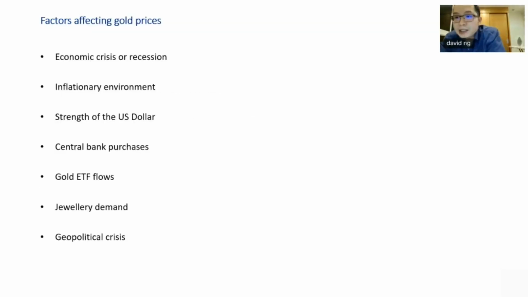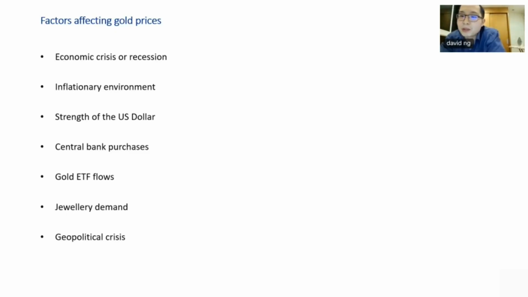So these are some of the list of factors that actually affect gold prices. Mainly, the key factor is always with regards to the role of gold as a safe haven. So in times of economic troubles, crisis, or recessions, historically speaking, we have seen that in the past couple of decades, gold remains very relevant.